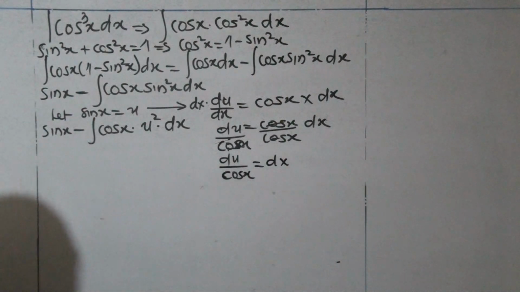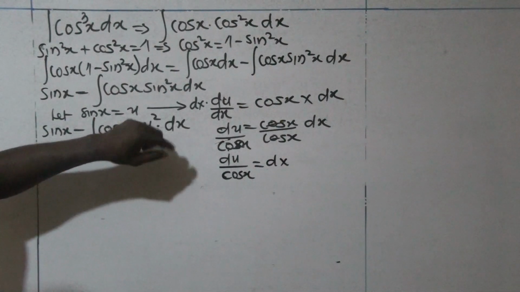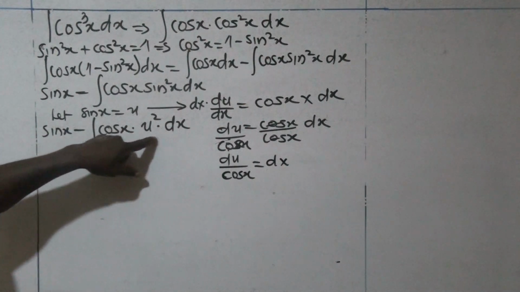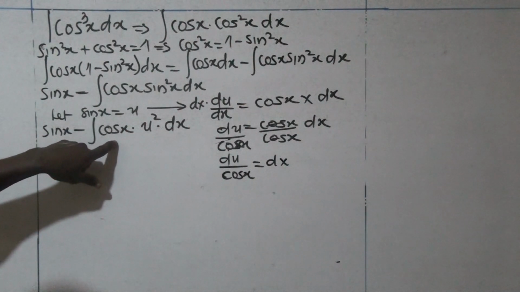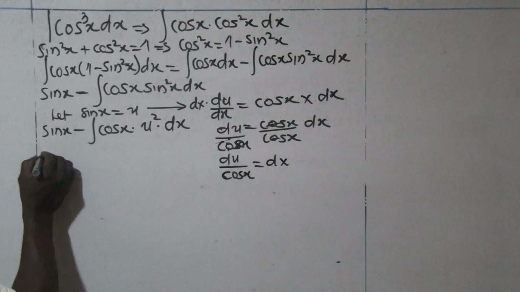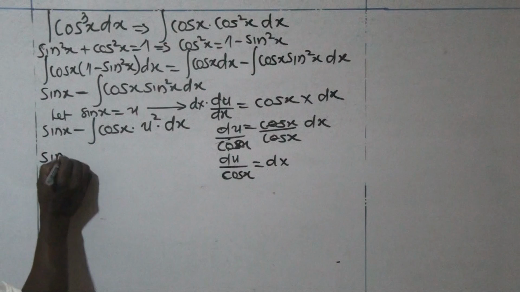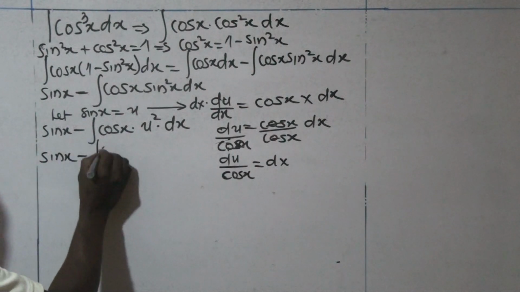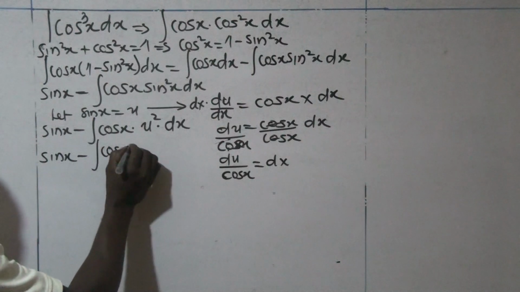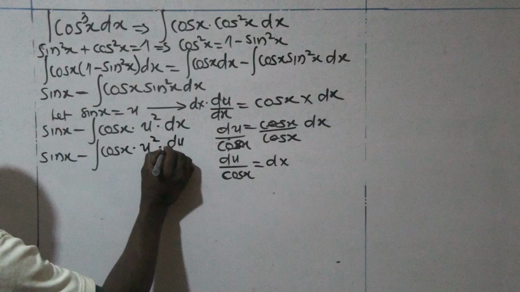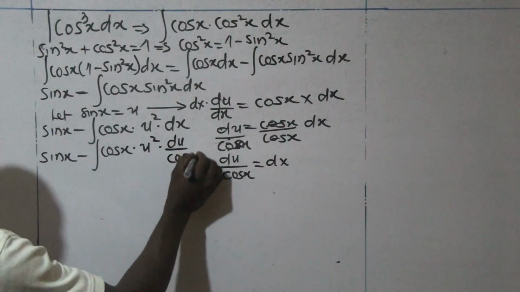Now, in place of dx in this expression, what do we need to do? We'll replace it with du over cos x. So now this becomes sine x minus the integral of cos x times u squared times du divided by cos x.